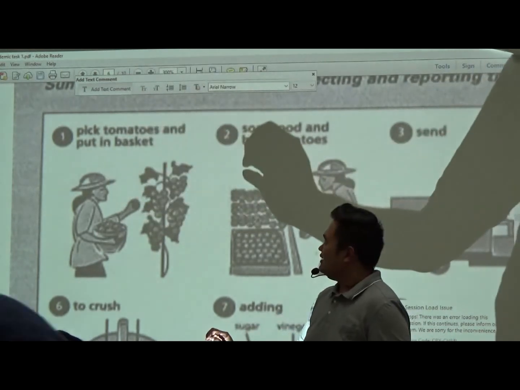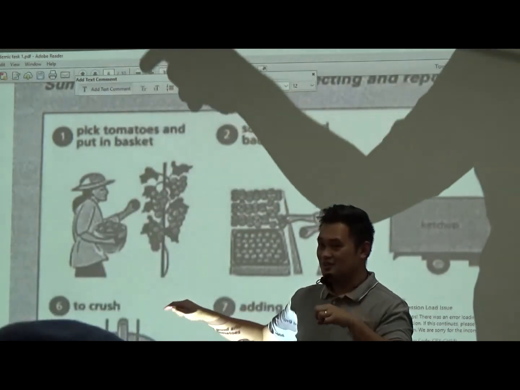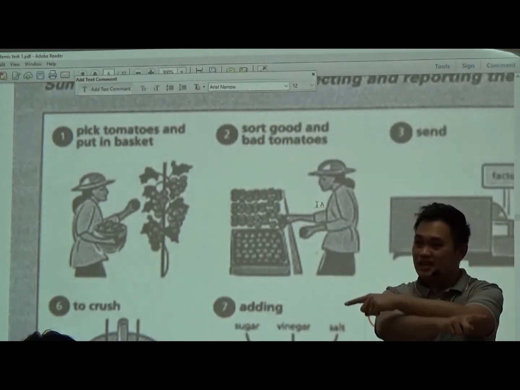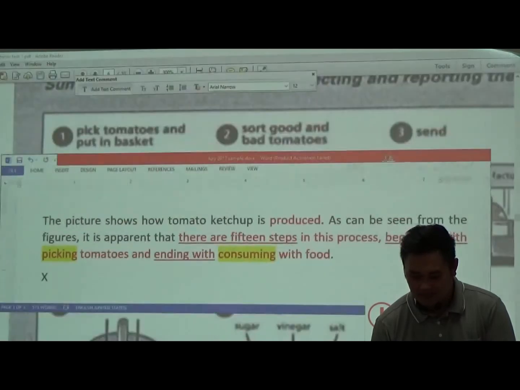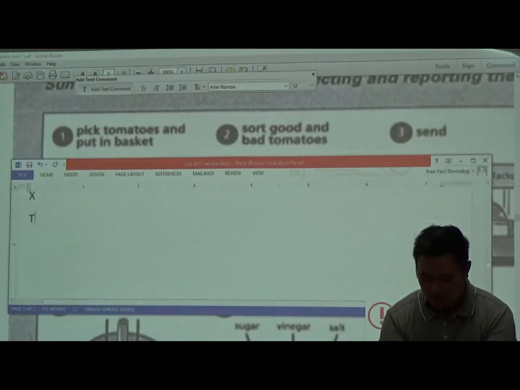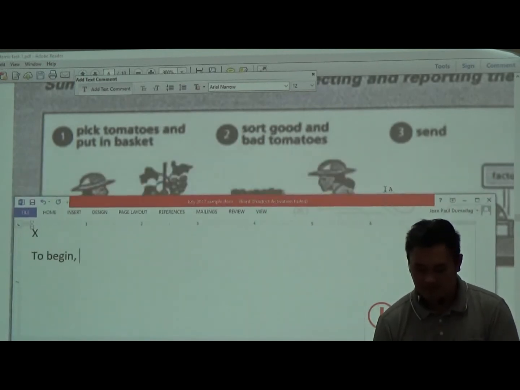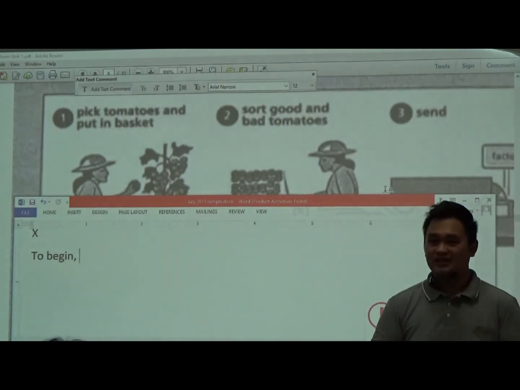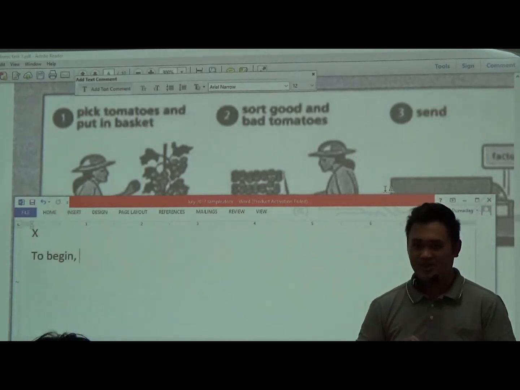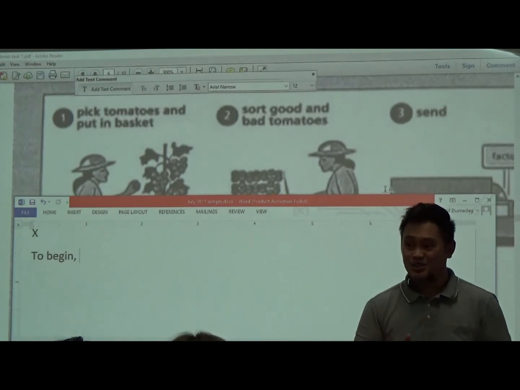So the farmer, tomatoes, isn't it? So we will change to passive. To begin, 목적어, not 주어. Okay, we start with the object. What is the object? The tomatoes.